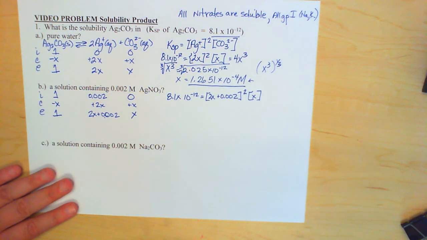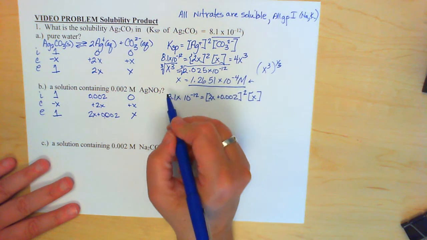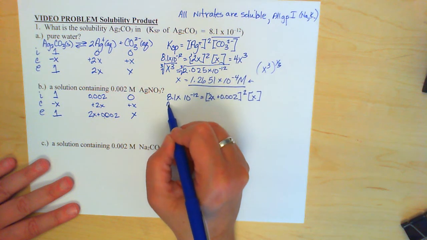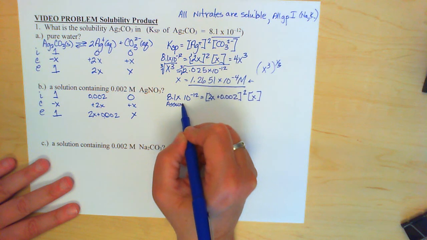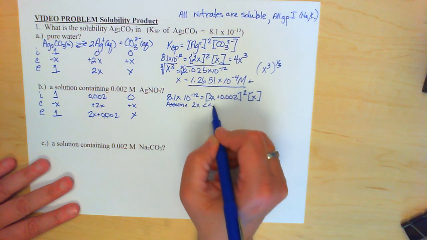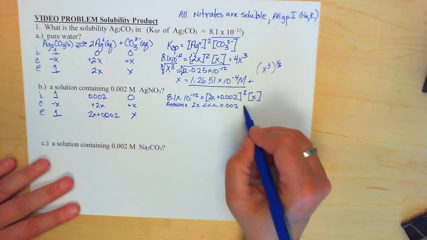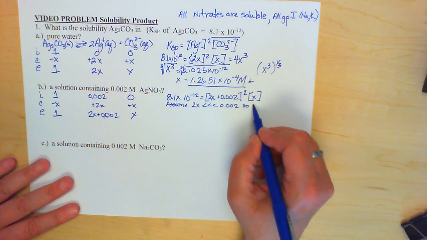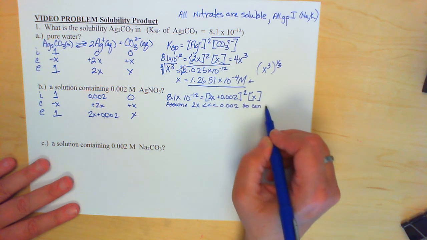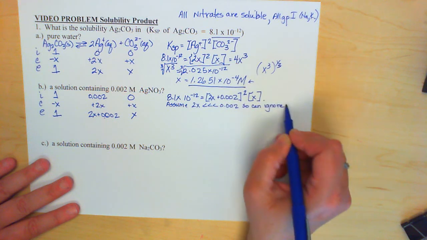So what we're going to do is make our math life a whole lot easier. What we're going to do is assume that 2x is much, much, much less than 0.002, so we can ignore it, eliminate it, whatever.